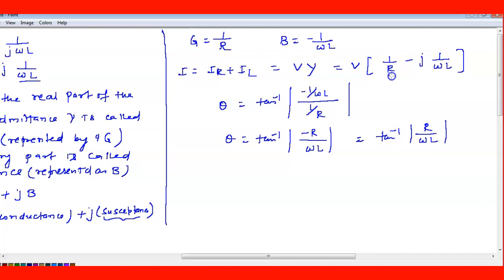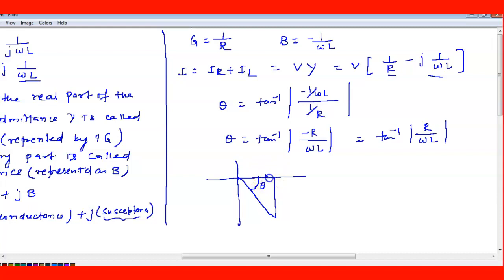But here X is positive and Y is negative, so which quadrant will it lie in? Fourth quadrant. X is positive and Y is negative. Okay, so this is your theta.